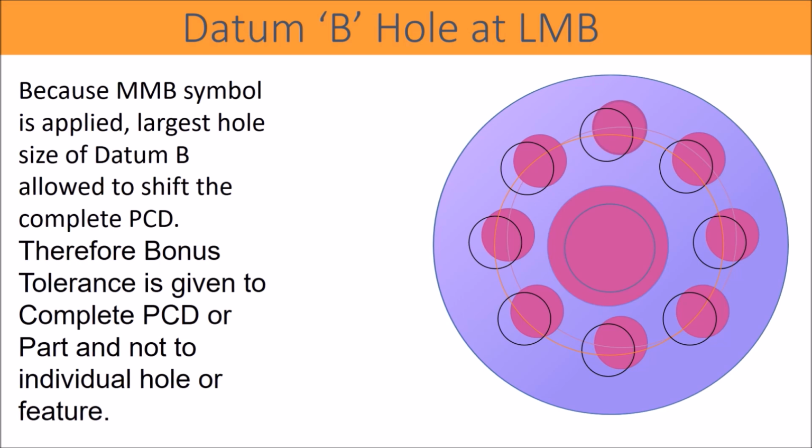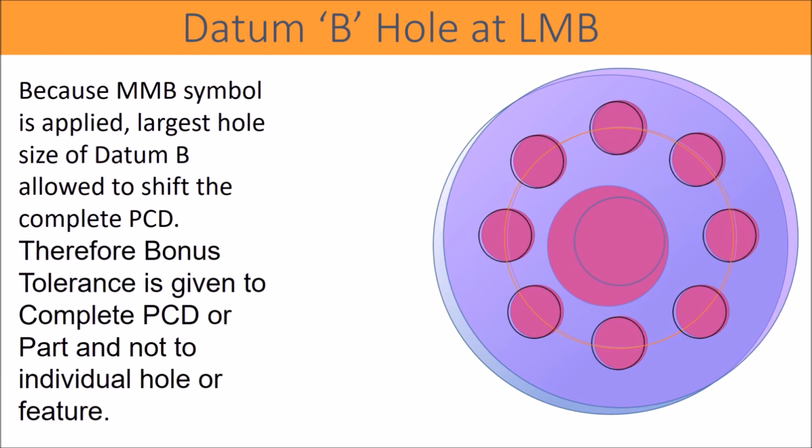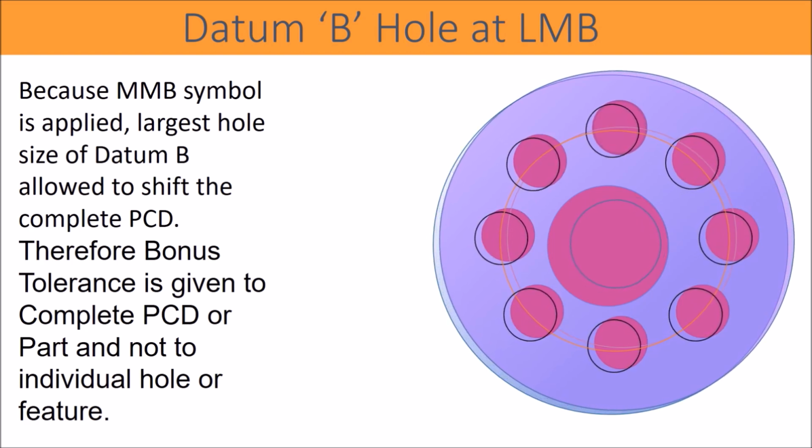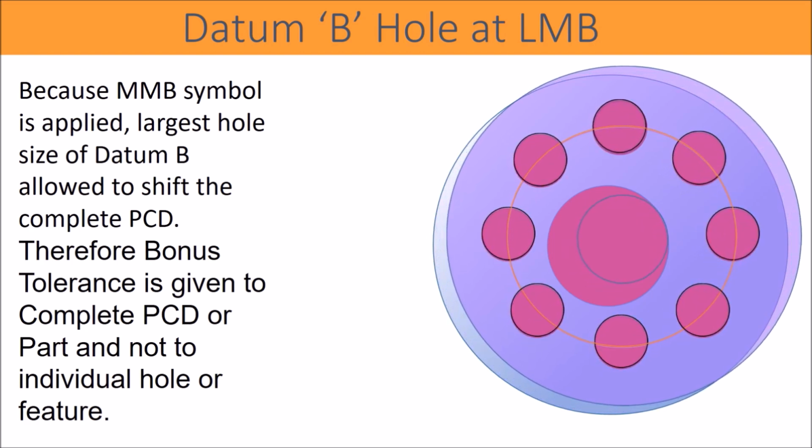If we shift the part and try to match all the holes, it is easy to assemble. This happened because all holes were on the PCD and only the pitch circle diameter itself shifted as a center.